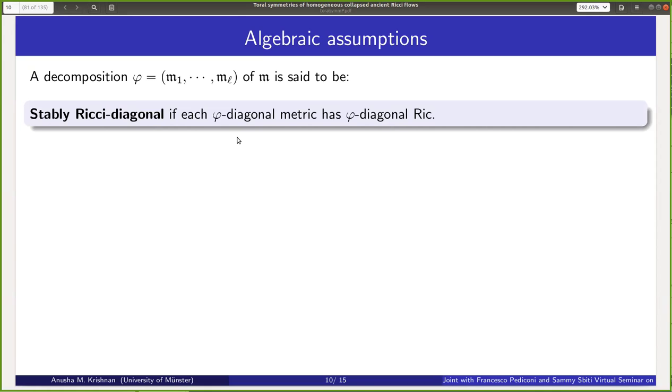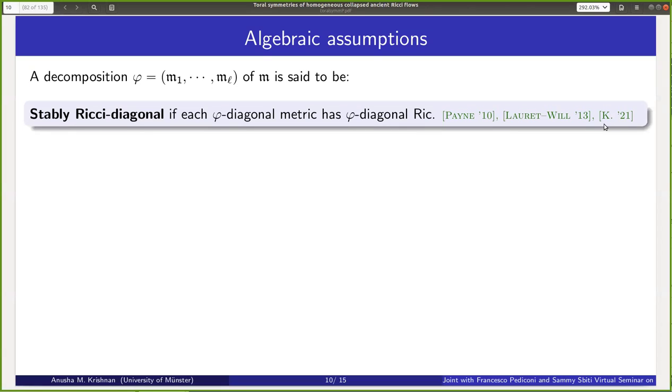This notion of a stably Ricci diagonal basis was, to my knowledge, introduced by Payne and used to study the Ricci flow on Lie groups. And later Lauret and Bill gave an algebraic characterization for this condition in the setting of nilpotent Lie groups, or nilpotent Lie algebras, characterizing it by some condition on the Lie brackets.